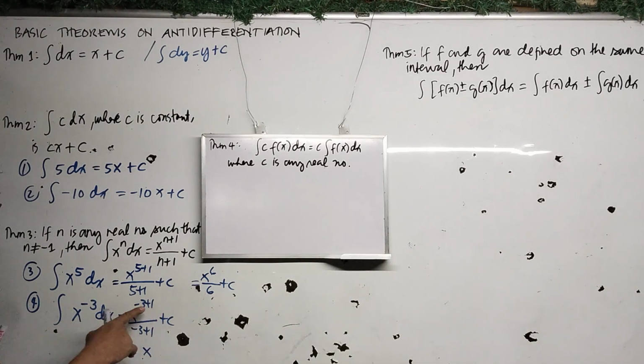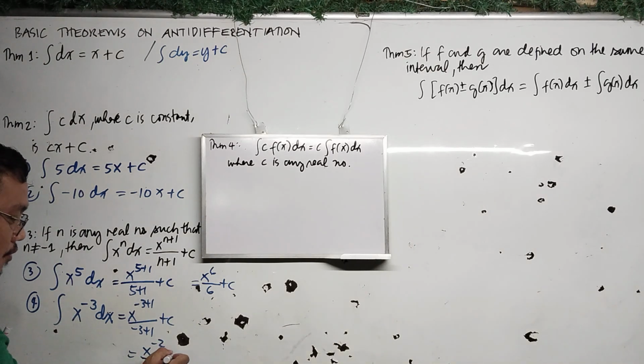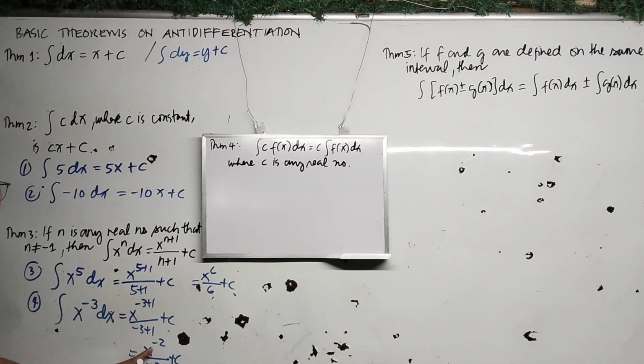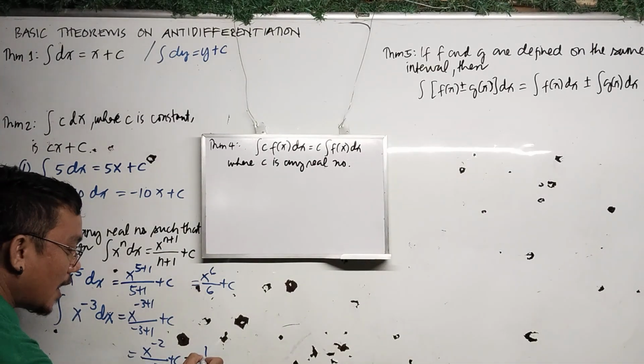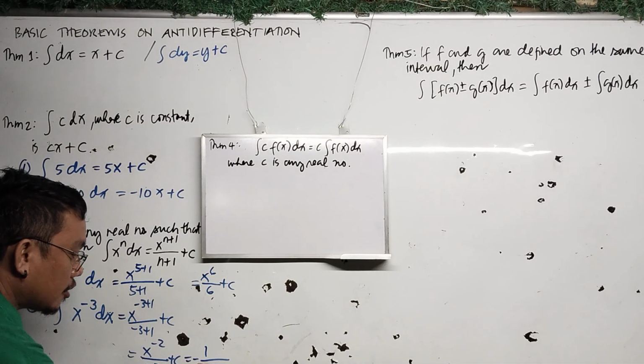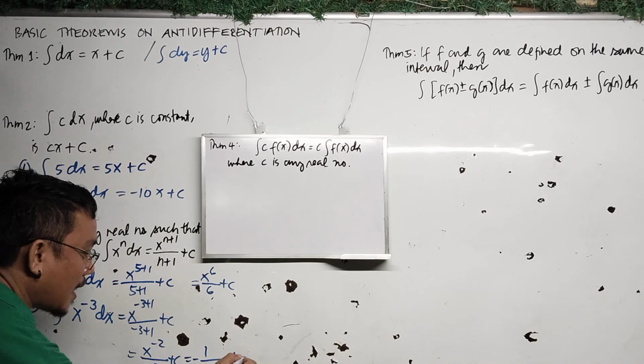X to the power of negative 3 plus 1 is negative 2, over negative 2, plus c. This should not be your final answer where the exponent of x is negative. So simplify. This becomes negative 1 over 2x squared plus c.